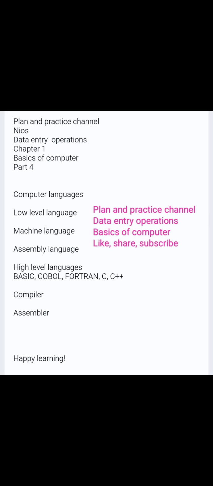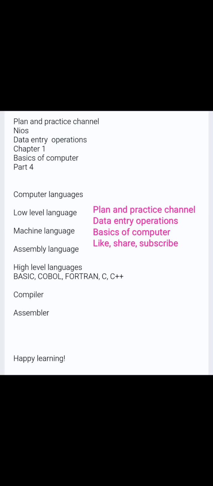Computer languages are broadly classified as low-level language, which includes machine language and assembly language, and high-level language. The term low-level means closeness to the way in which the machine understands.